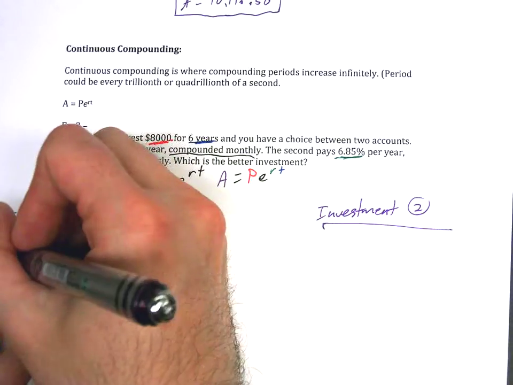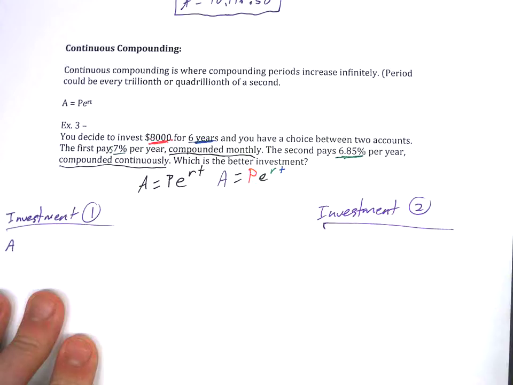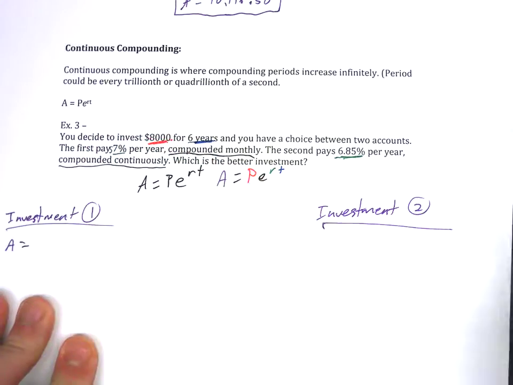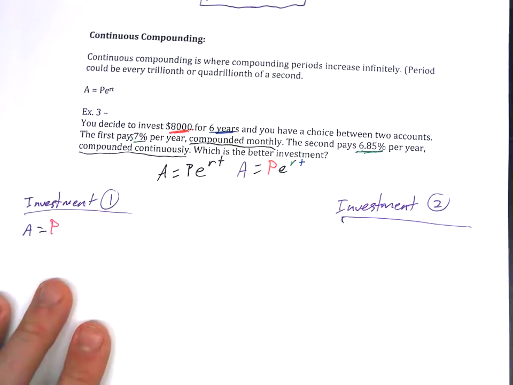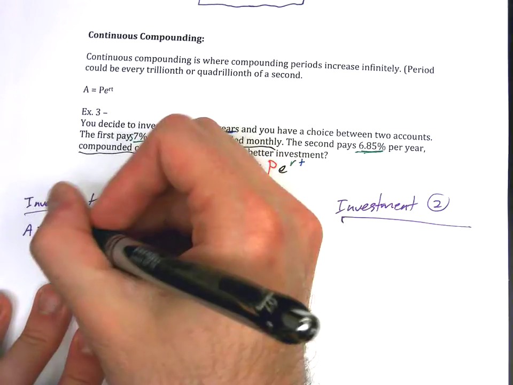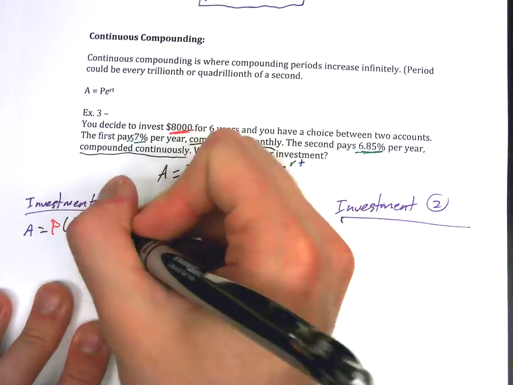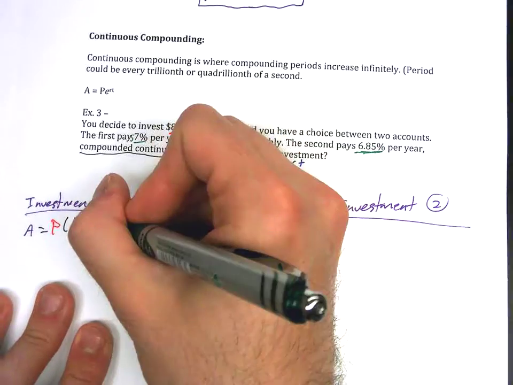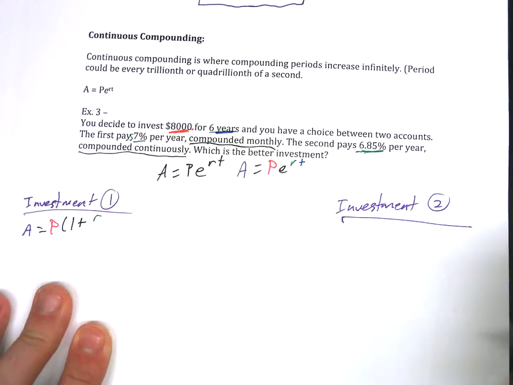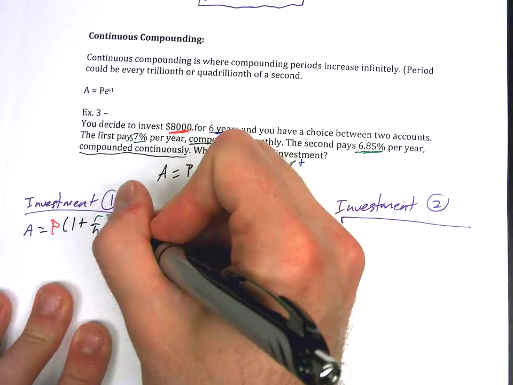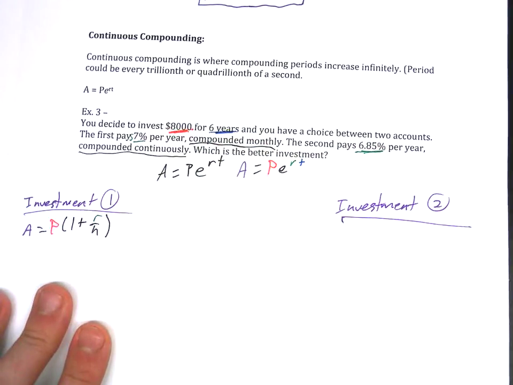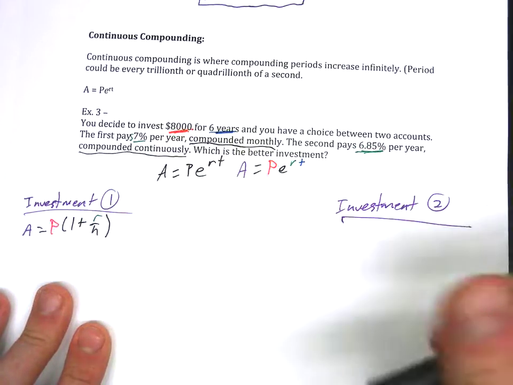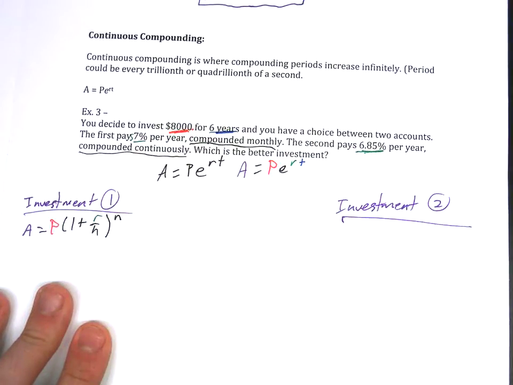Now investment 1 is going to use the formula that we just used before, where we have A equals P times 1 plus our rate over our number of compounding periods, N, raised to the power of n times our time in years.